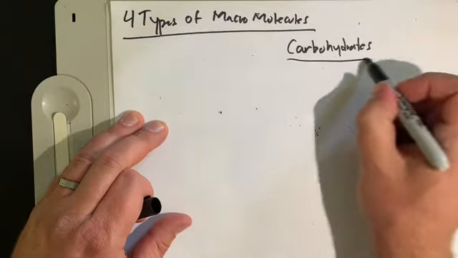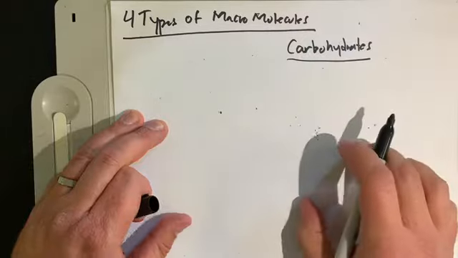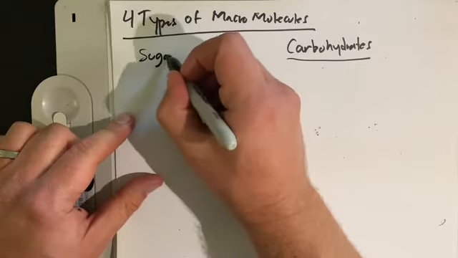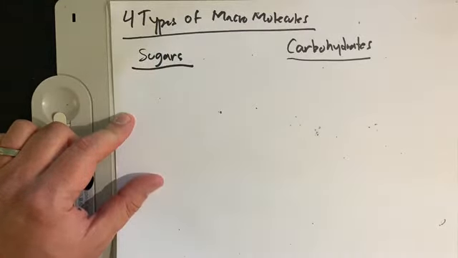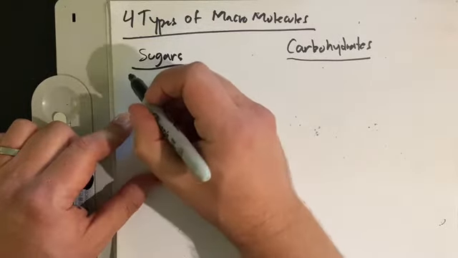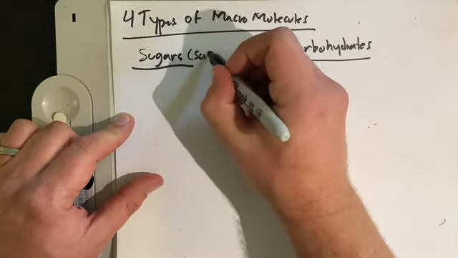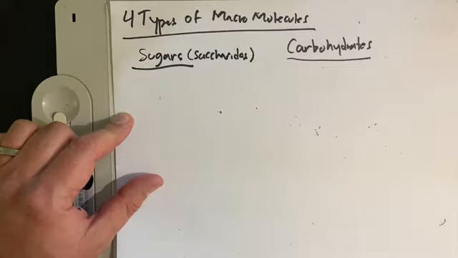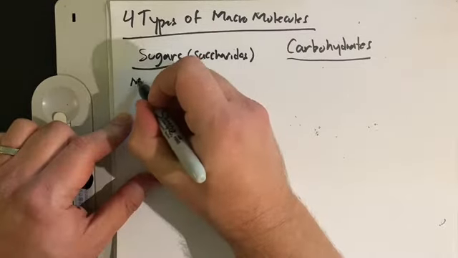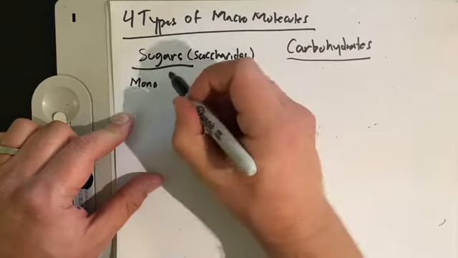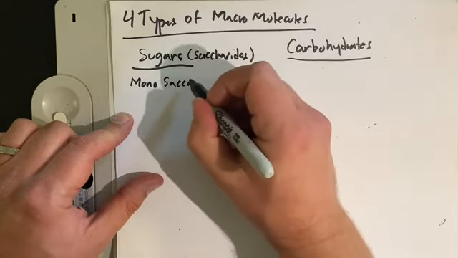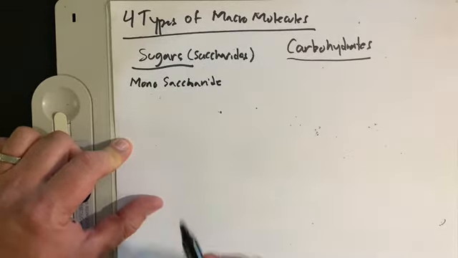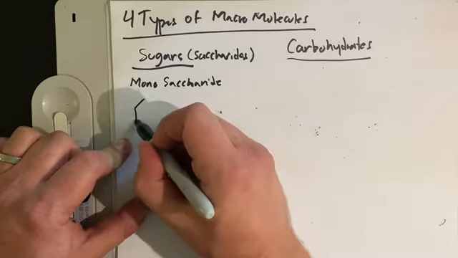But before we can talk about the macromolecule of carbohydrates, we have to talk about its micromolecule, which is sugars. And sugars, we often call them saccharides. And then we have what we call monosaccharides, meaning one. And those monosaccharides will be these ring structures.